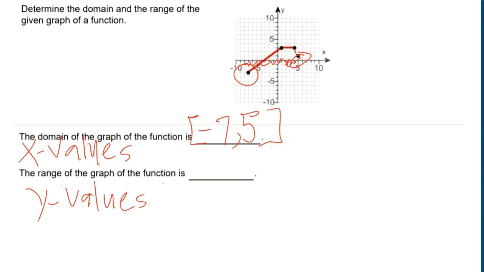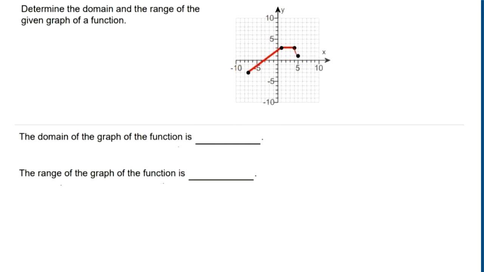Now for my y, I want to go to the lowest y first. So that's going to be my first part of my range. So my low is 1, 2, 3. Looks like -3. I'll go with -3.